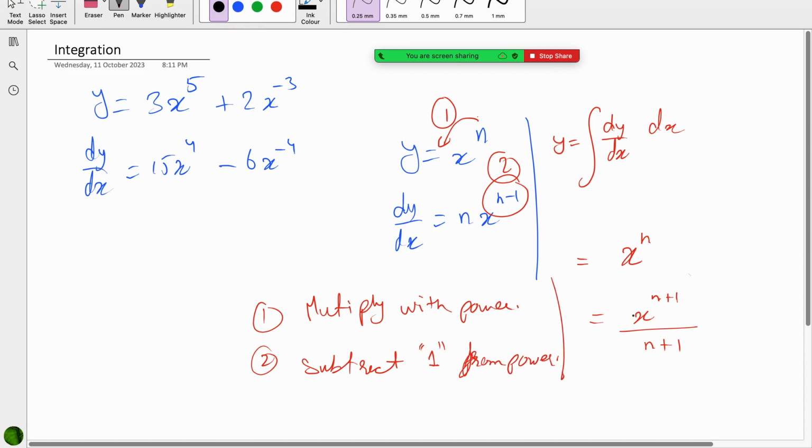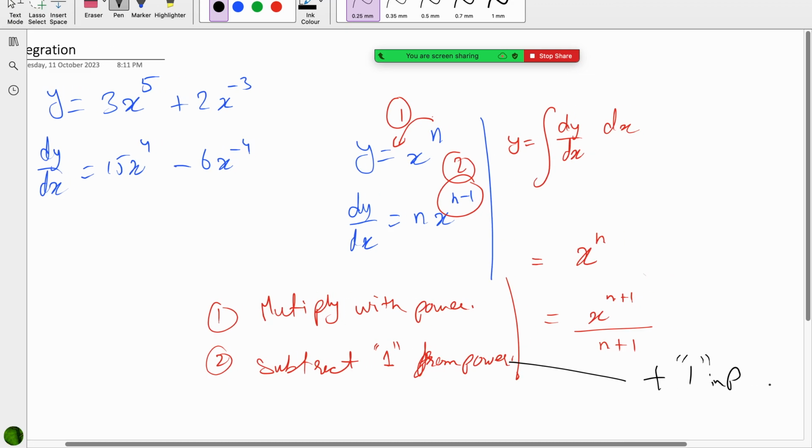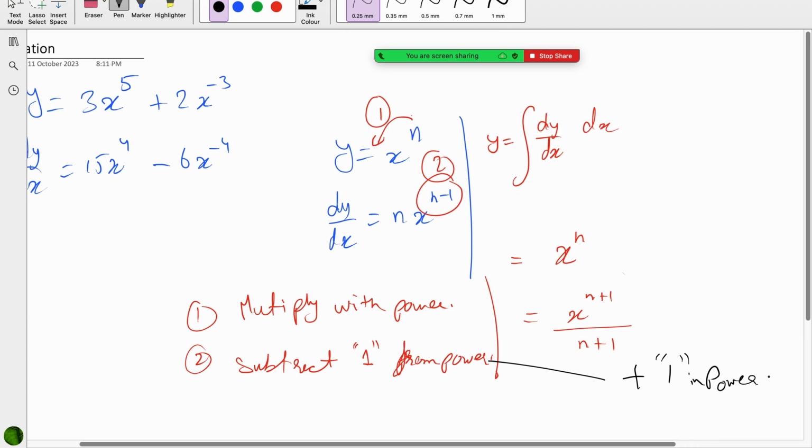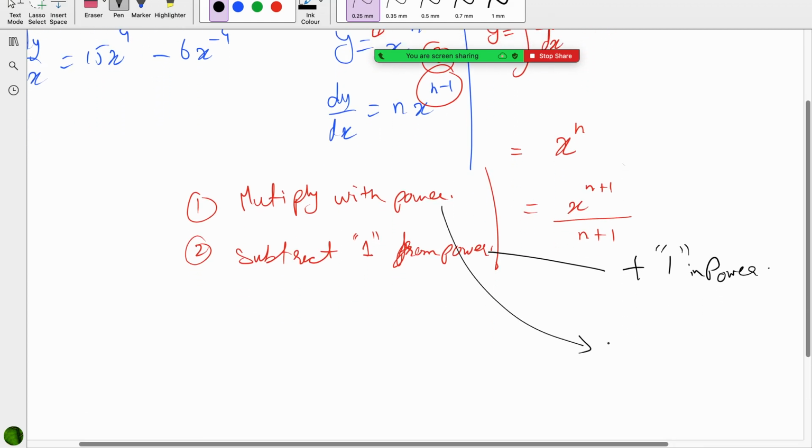And see, in integration, step 1 is the reverse of this: add 1 to the power. And step 2 is the reverse of this: divide by the new power.